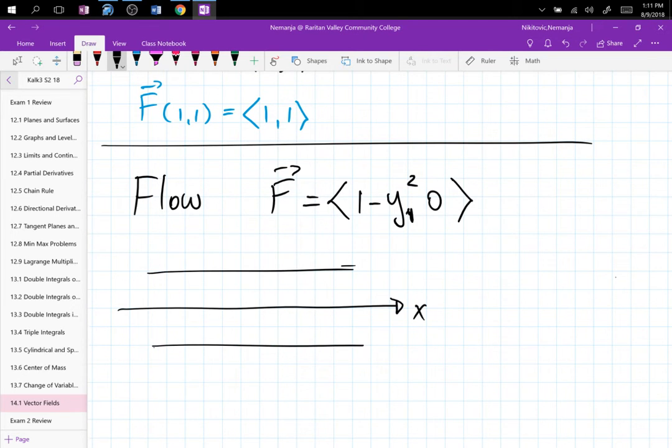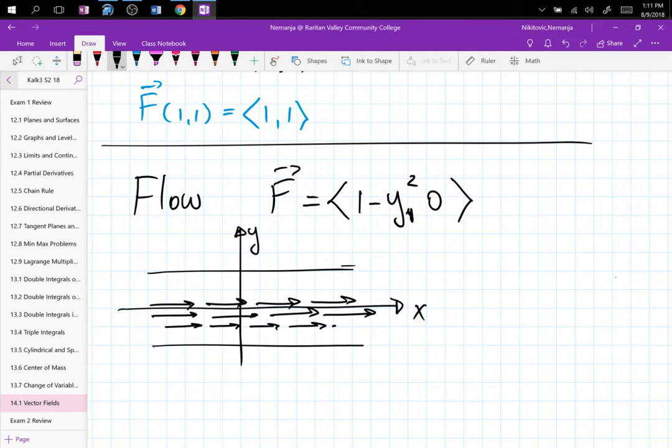Get your x-axis, get your y-axis, then you get long vectors going this way, and then shorter vectors on the inside, and very short vectors next to the walls.